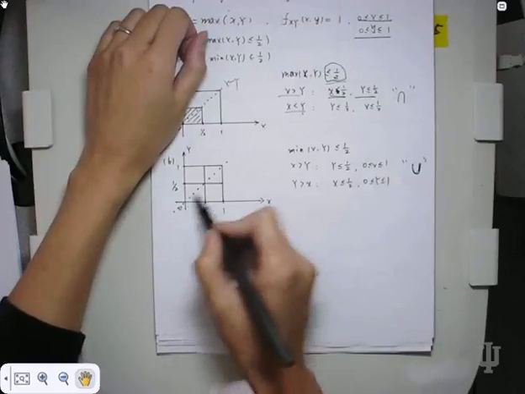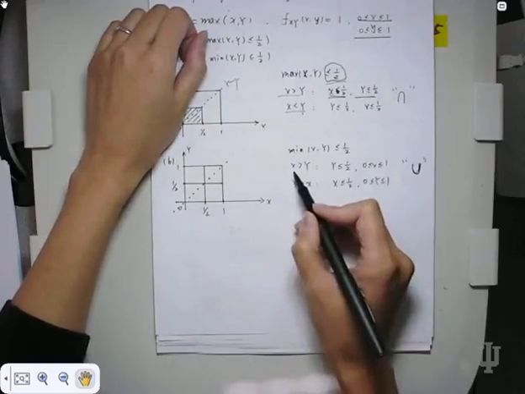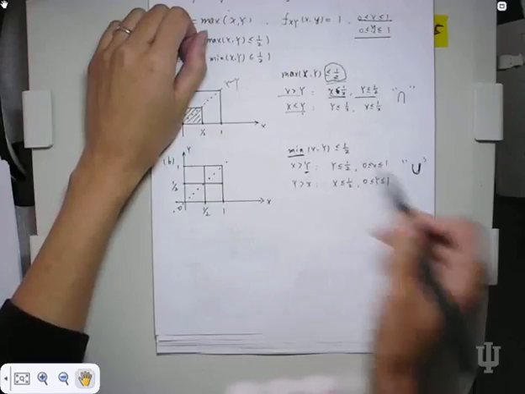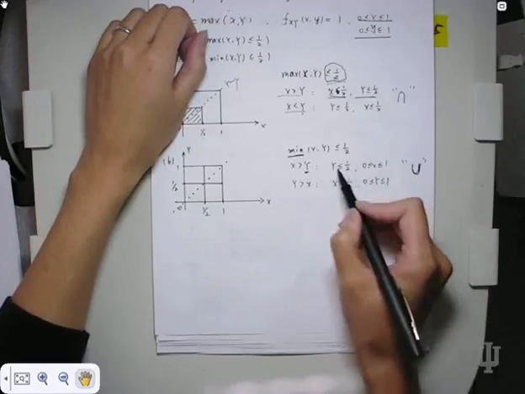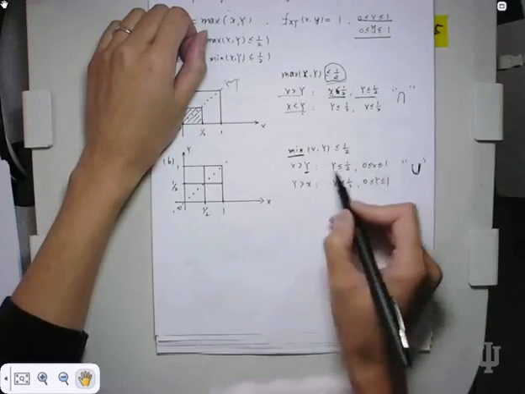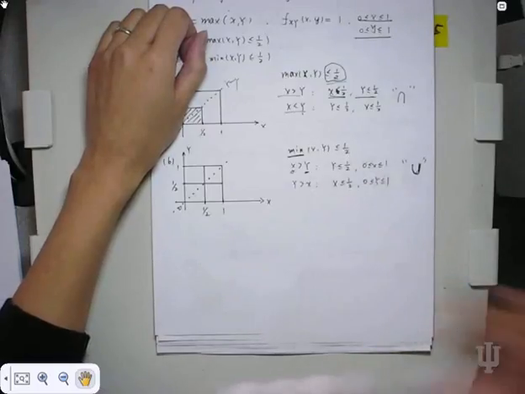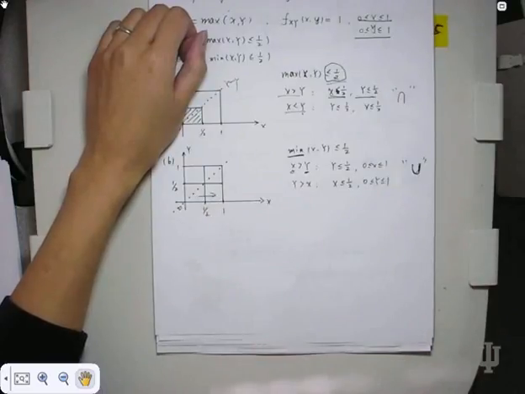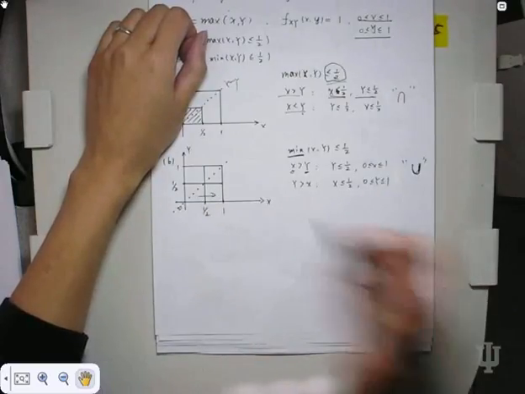Anything below this line, if x is greater than y, means y is the minimum of x, y. So y has to be less than 1/2. There's no limit on x, so x can go this way, because there's only one limit on the minimum.